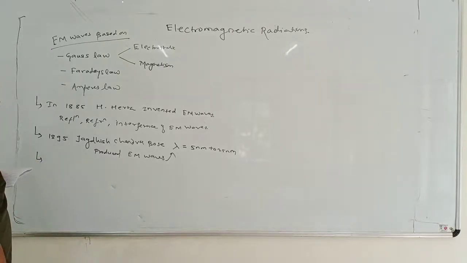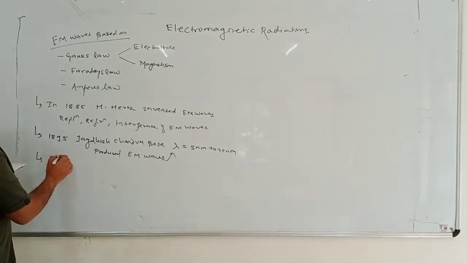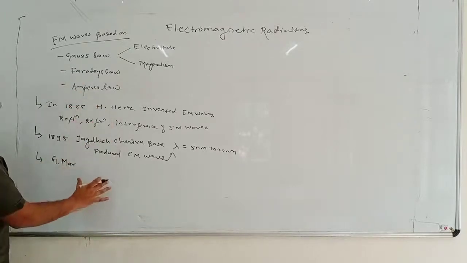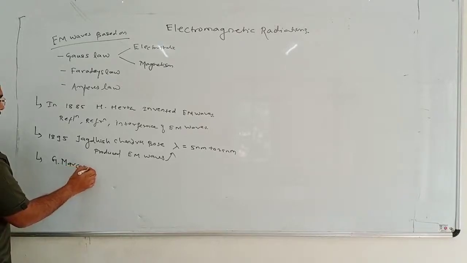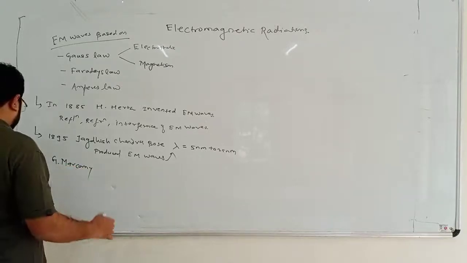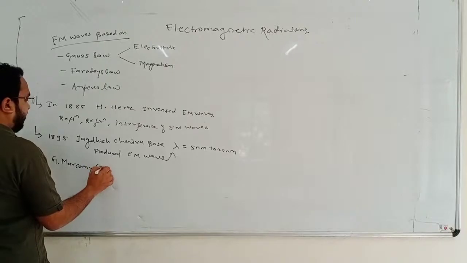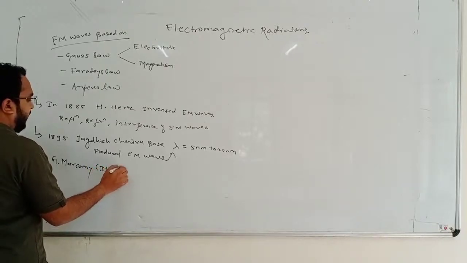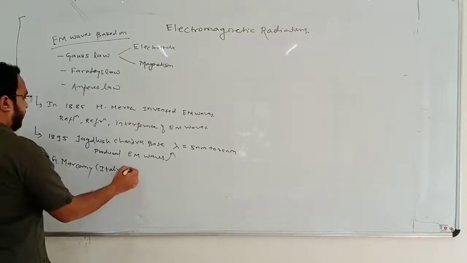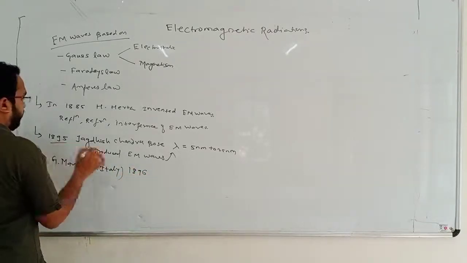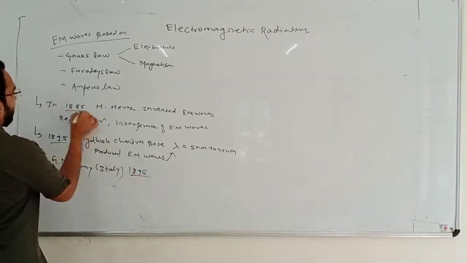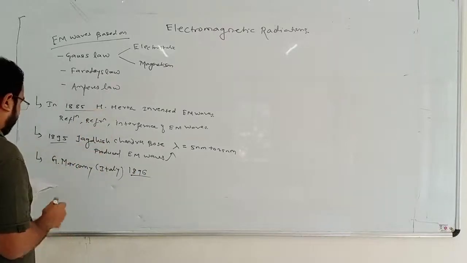Then G. Marconi. So this is the history of electromagnetic waves. G. Marconi, he is from Italy. Italian scientist, in 1896.